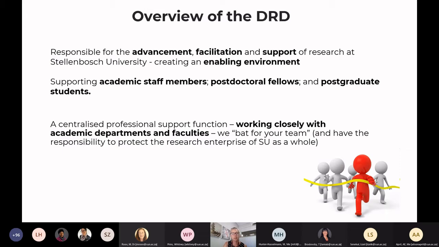So we're a centralized support function, but I will also share with you in one of my next slides how closely we work with many other entities at the university in order to support you and the university.